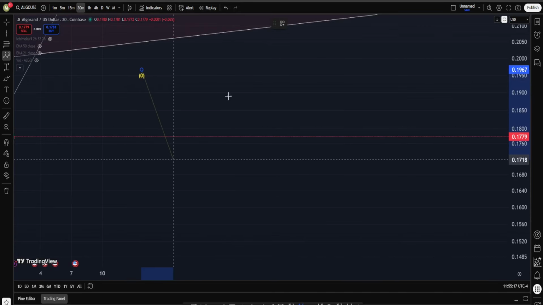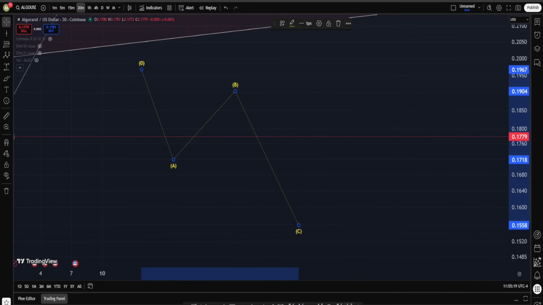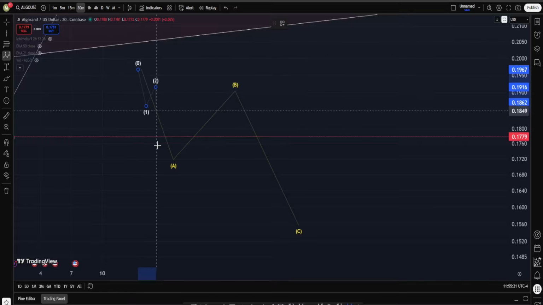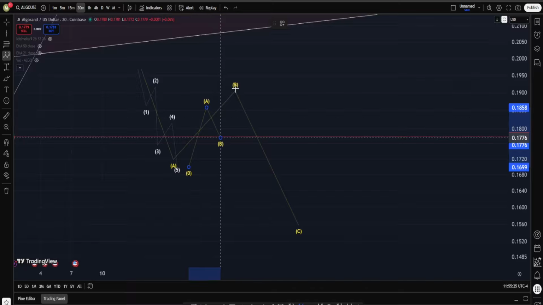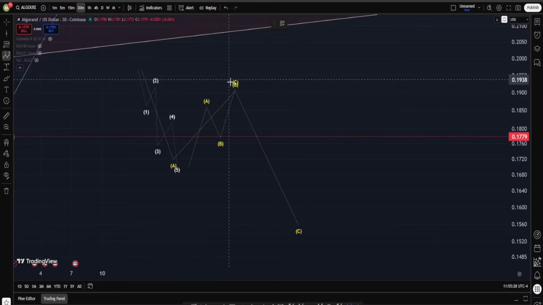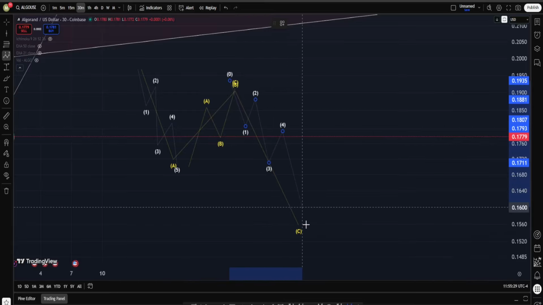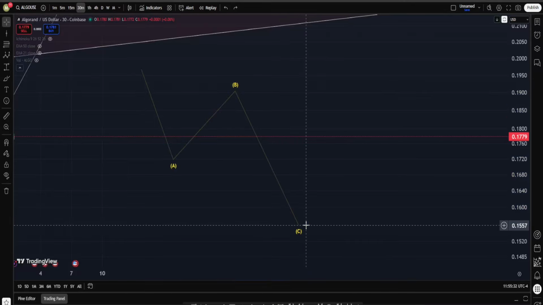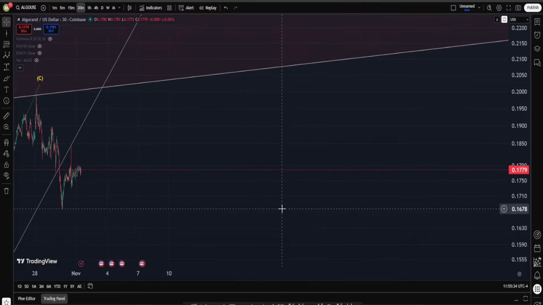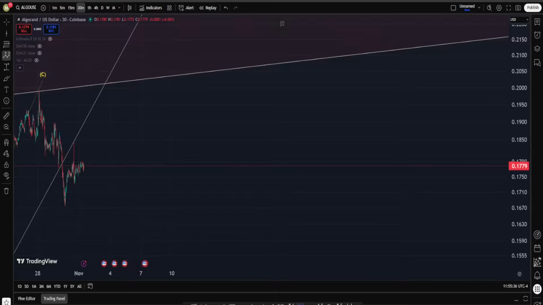Now let's go around here real quick. You see, in an ABC zigzag, we are going to have subwaves like this: 1, 2, 3, 4, 5 wave down into a correction for wave B, maybe ABC, maybe WXY, doesn't really matter a whole lot, followed by another 5 down into C. And for our wave B, we can also have something called an ABC running flat, and that one looks like this.